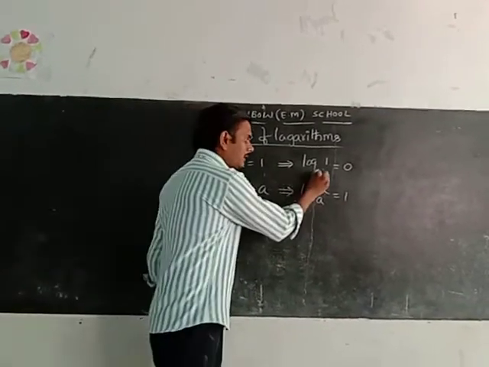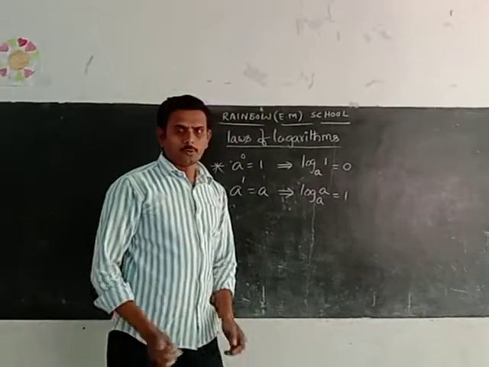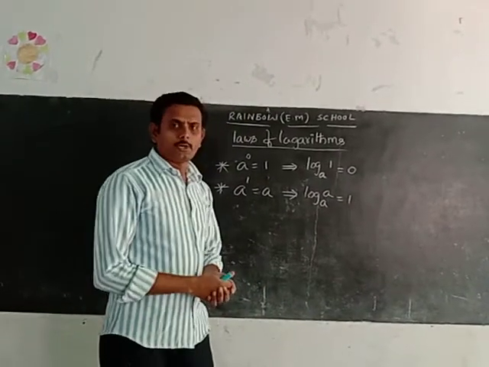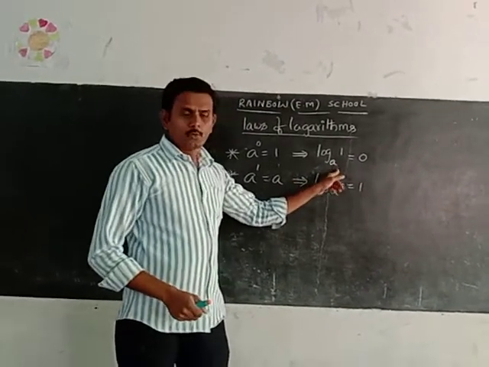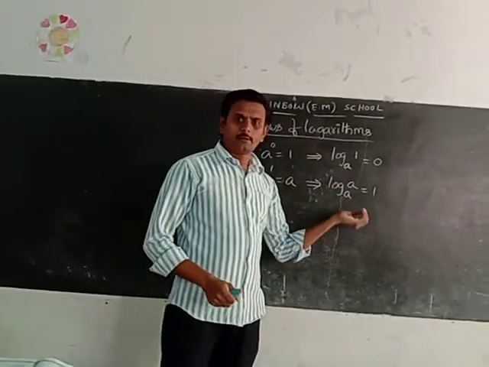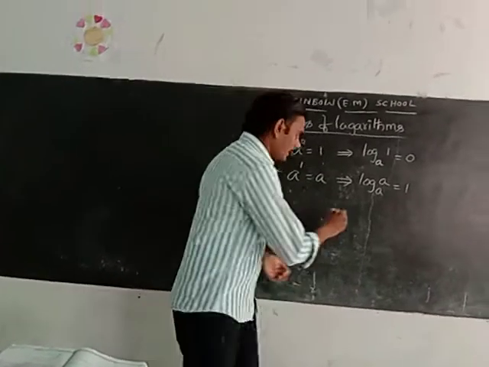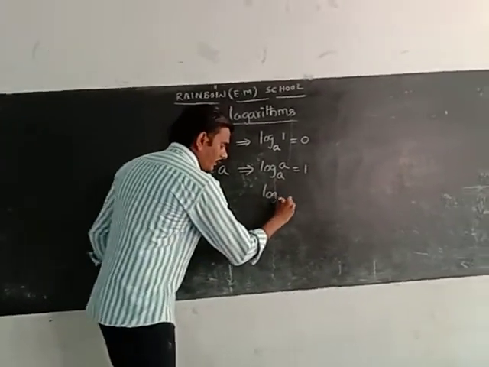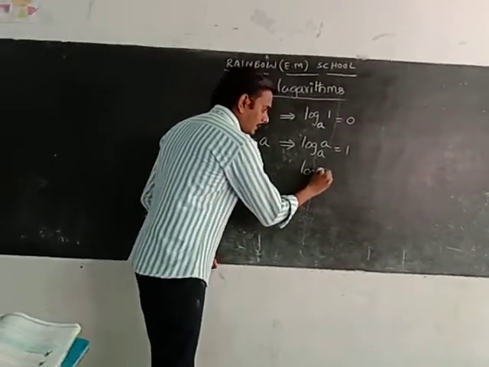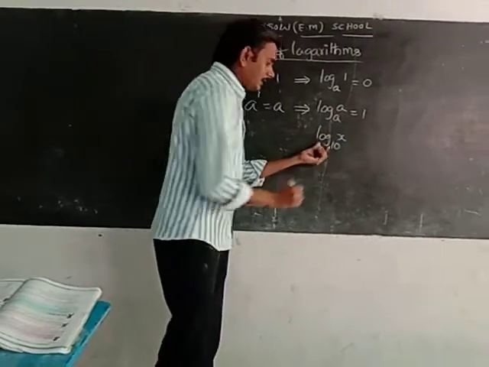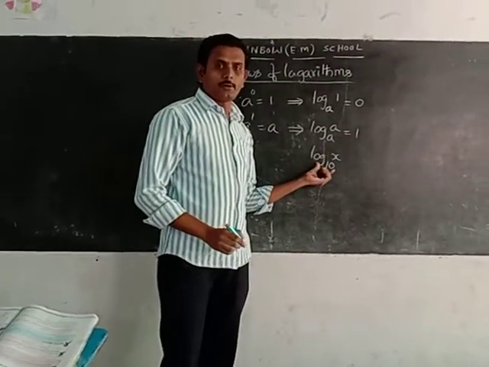Here the base is always taken as a. We commonly use 10 here. Whenever the base is not written, we take it as 10. If you take log 10 of some number x, this is called the common logarithm.